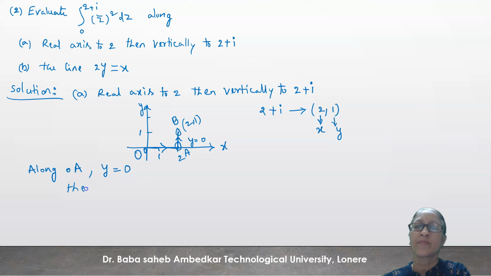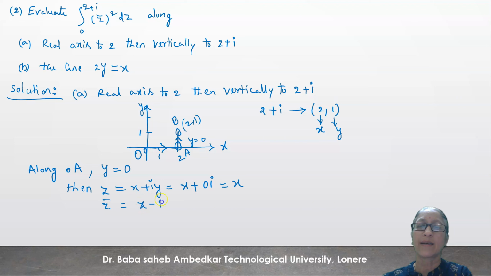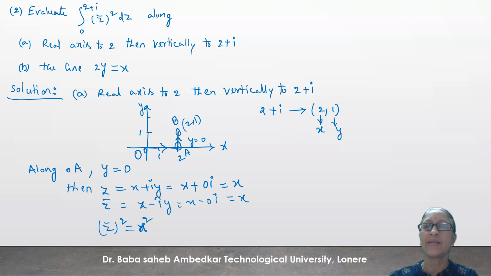Then z equals x plus iy becomes x plus 0i, which is equal to x. Then the conjugate of z becomes x minus iy, that is x minus 0i, which is equal to x. Now the conjugate of z whole squared equals x squared. This is nothing but the integrand in this given integral.